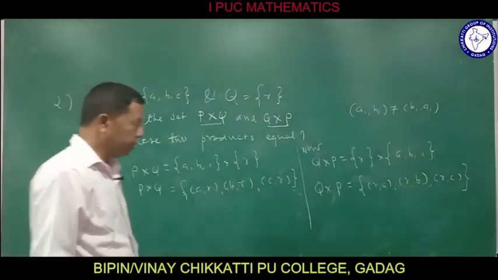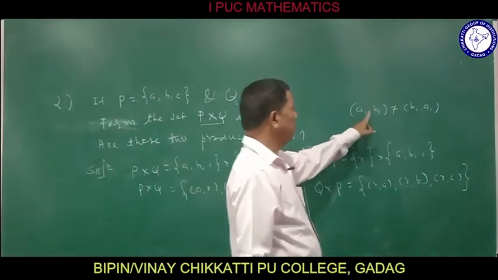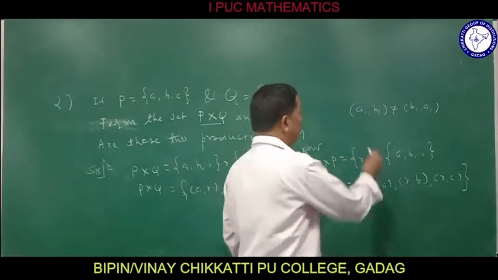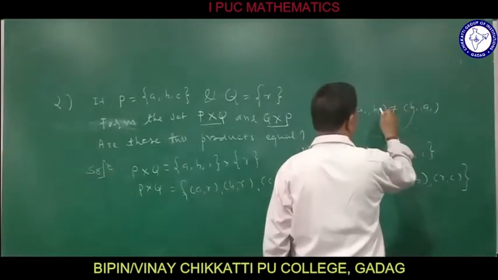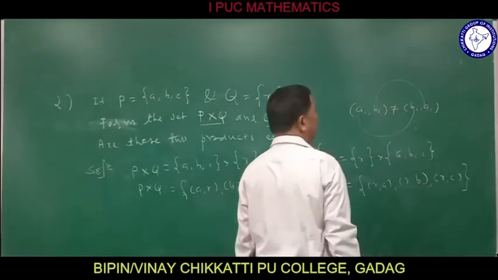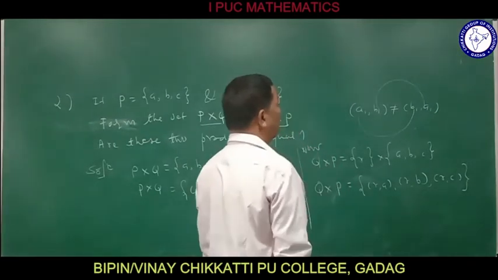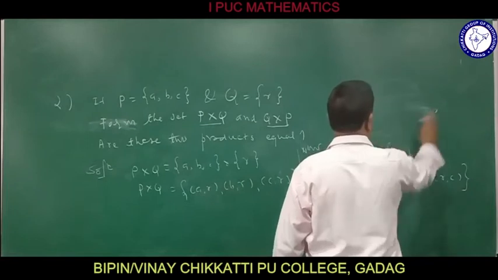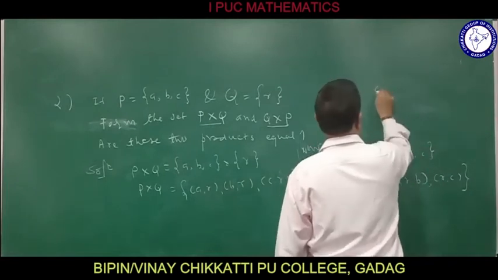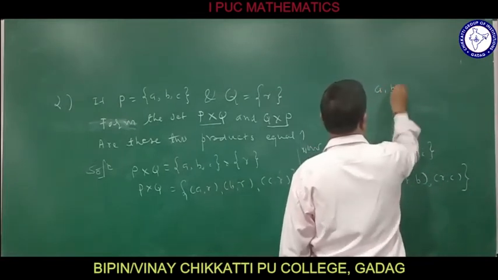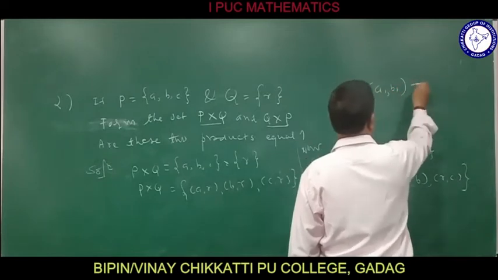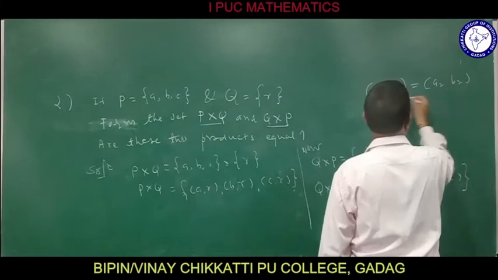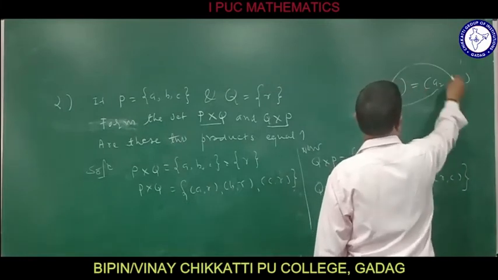Once again, understand here: (a1, b1) is not equal to (b1, a1). They are equal when, suppose a1 equal to b1 and b1 equal to a1, then you can say both are equal. So you have to tell that. Basically I write that here once again: (a1, b1) is equal to (a2, b2), and only if this holds can you tell.